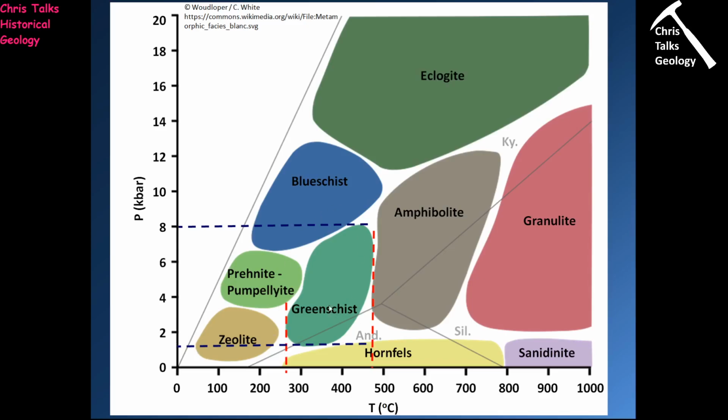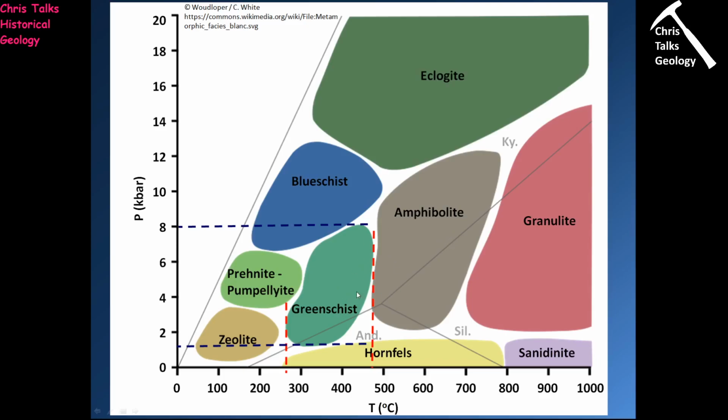So if you take a basalt and you metamorphose it, anywhere within this field, those temperature and pressure conditions, you're going to see the appearance of the index minerals chlorite, actinolite, and epidote. Now, as soon as we leave this field of stability, so let's say we go from green schist into amphibolite over here, what happens is the chlorite, actinolite, and epidote break down, and instead they're replaced by large quantities of hornblende, plagioclase feldspar, and garnet.